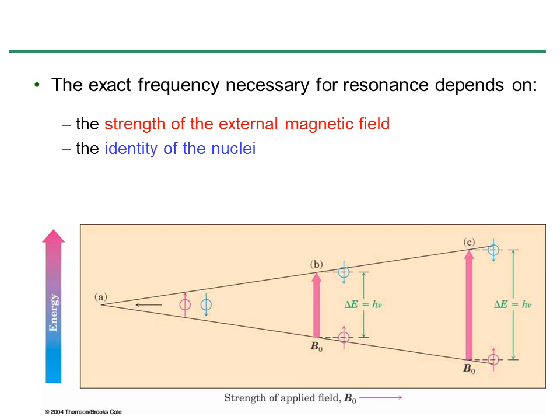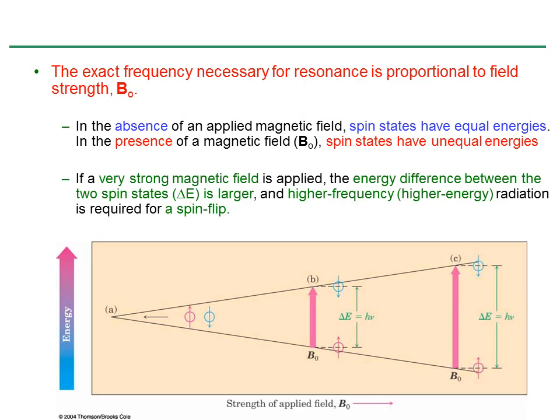The exact frequency necessary for resonance depends on two important factors. First, the strength of the external magnetic field, and second, the identity of the nuclei. The exact frequency necessary for resonance is proportional to the field strength.